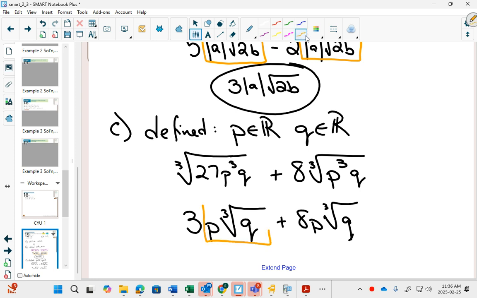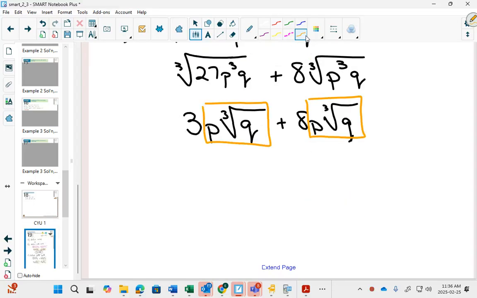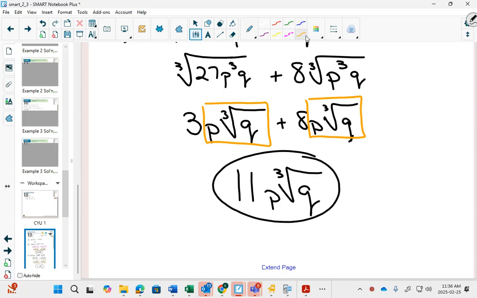When I look at all my variables and all of my radicals and everything, they are like terms. I have 3 orange boxes plus 8 orange boxes would give me 11. 11 P cube roots of Q. So if it's an odd index, defined is super easy.